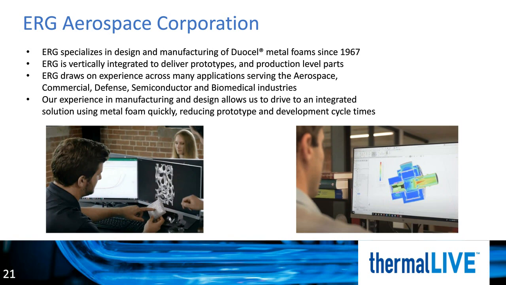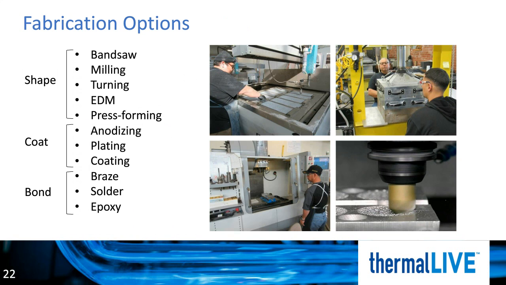Part of the uniqueness of Duocell is the ability to process it into many different shapes and sizes to meet the demands of a broad range of heat exchanger designs. Through our 53 years of working with the material, we've developed processes and systems for shaping the material using bandsaws, CNC equipment like mills and lathes, and pressing dies for complex shapes.